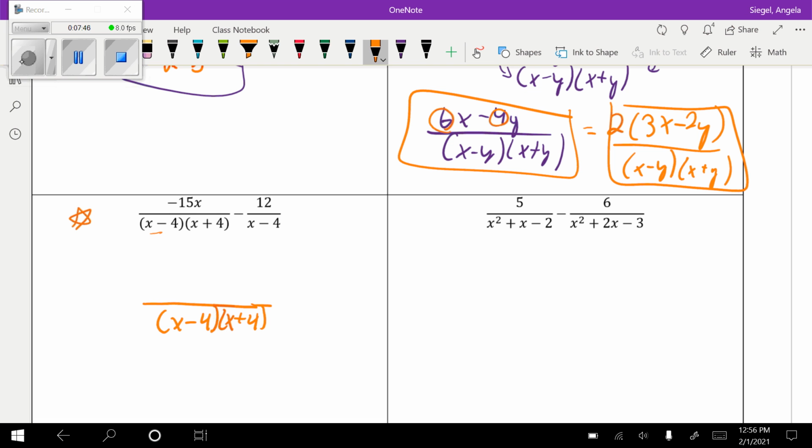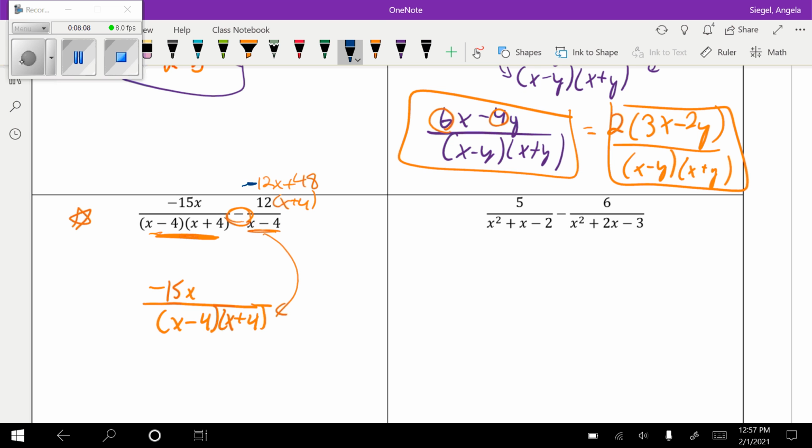So notice that we are already good to go here. So I'm just going to drop that 15x because I don't need to do anything to it. But this one is missing an x plus 4. So I'm going to go ahead and just distribute that 12 right now because of this minus sign. So remember, when you have a minus sign, you have to distribute it.